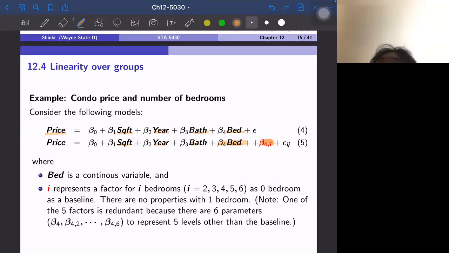Here the beta for i represents the factor for i bedrooms, where i is 2, 3, 4, 5, 6.